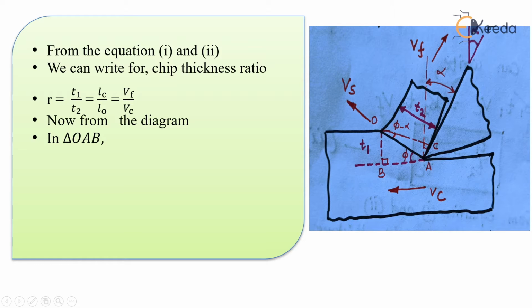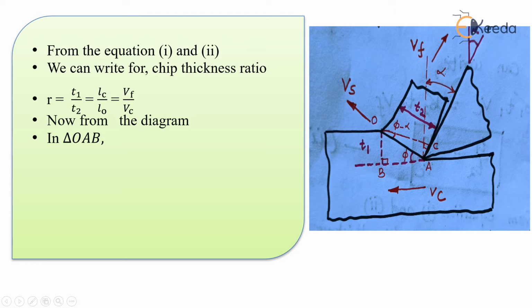We know that this OA is our shear plane, represented by small letters LS, and this is our cut chip thickness T2. Now, triangle AOC will have the angle phi minus alpha. Please check the geometry.